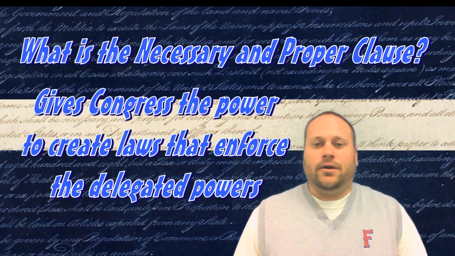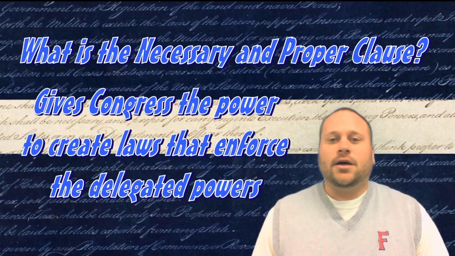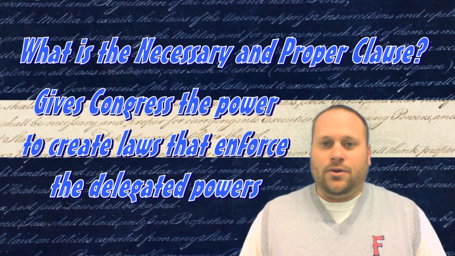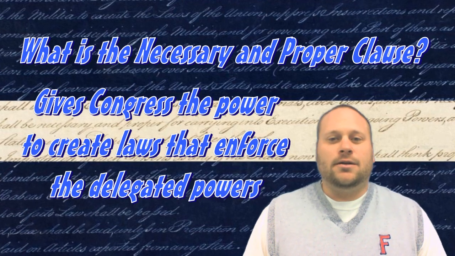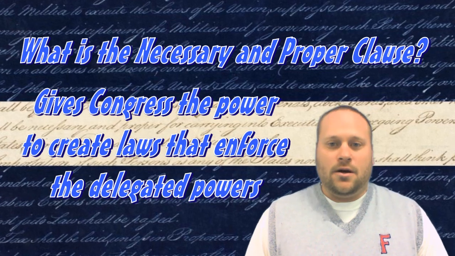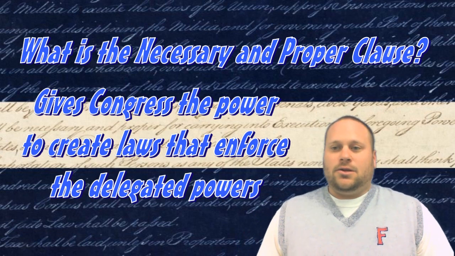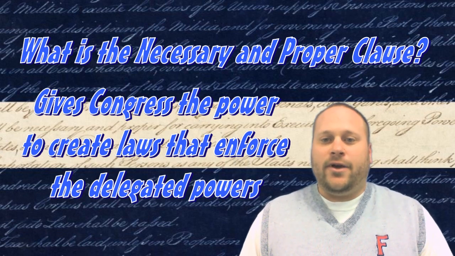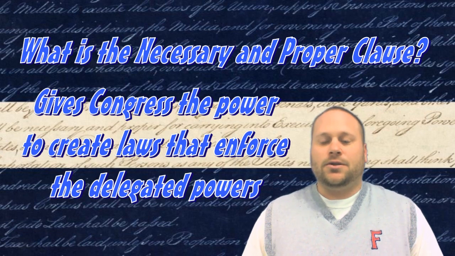It states that Congress and the national government can make all laws that are "necessary and proper" to carry out the delegated powers listed in the Constitution, like the power to declare war, coin money, tax, regulate interstate commerce, postal offices, patents, and copyrights. So they have the power to do anything they need to in order to enforce those listed powers.